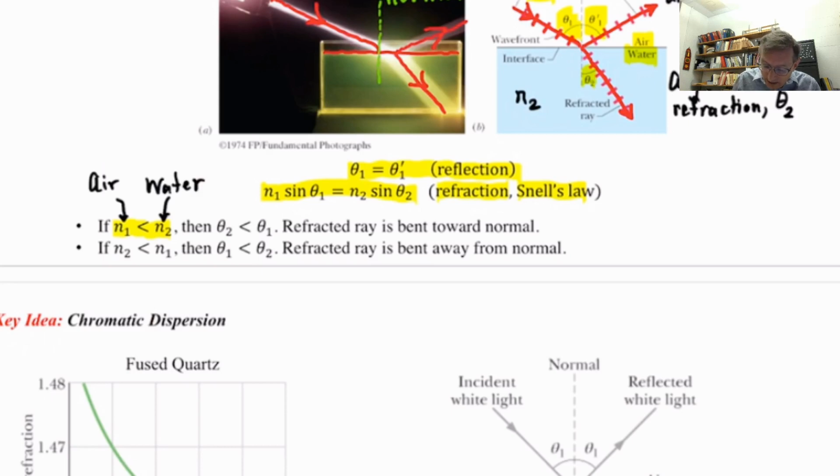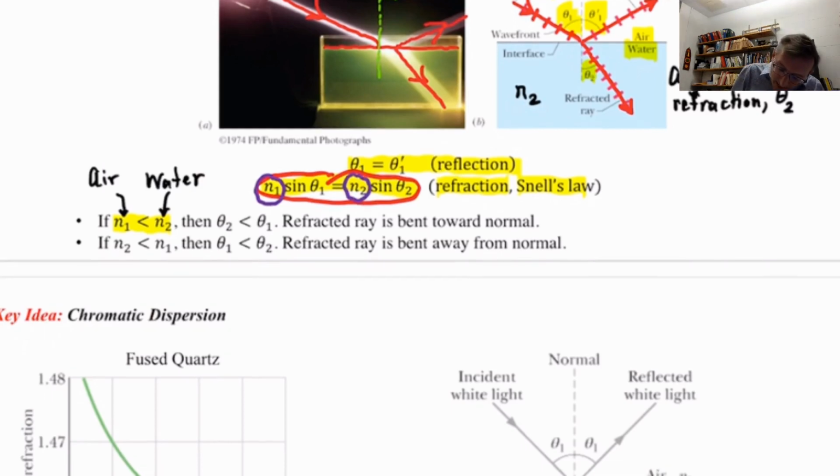Well, it all boils down to this equality right here. The product of N and sine theta for each material must be equal. So, if I have a situation where N1 is less than N2, then it must be the case that theta 1 is greater than theta 2, right? Because it's got to make up for the smaller N on the left.